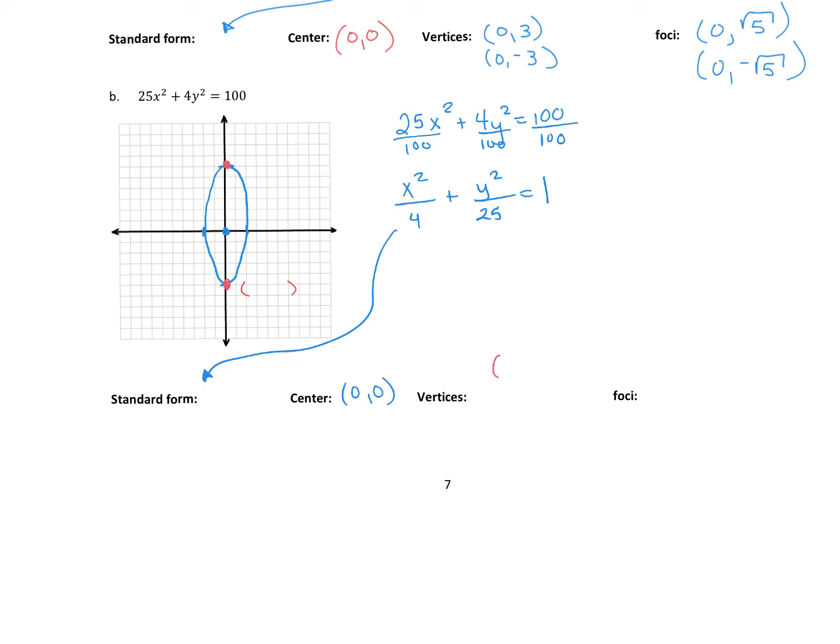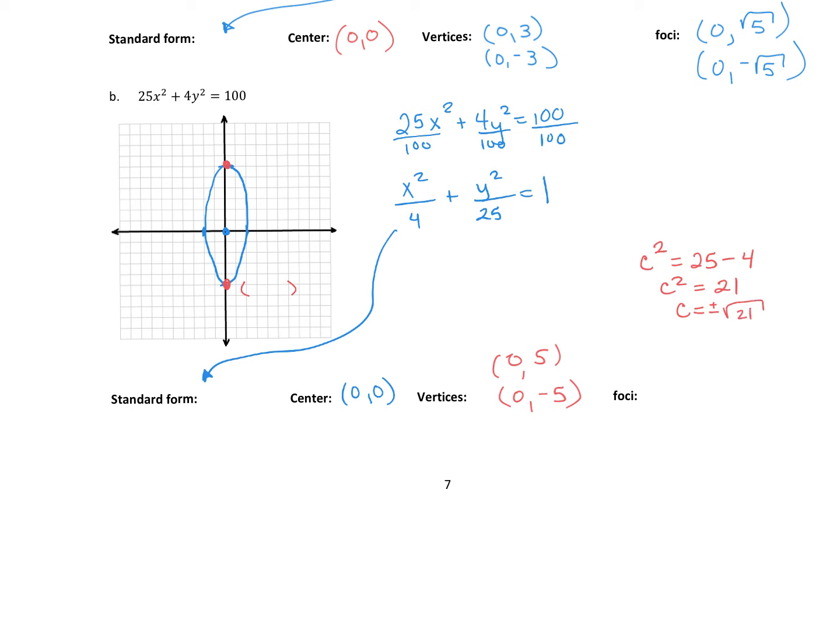My vertices now are these 2 points. They're going to be 0, 5, and 0, minus 5. To find my foci, c squared equals 25 minus 4, or 21. So c is plus or minus the square root of 21.